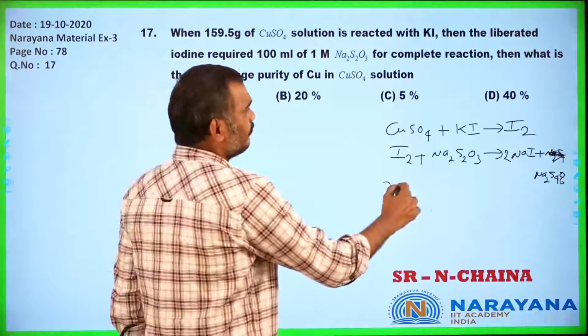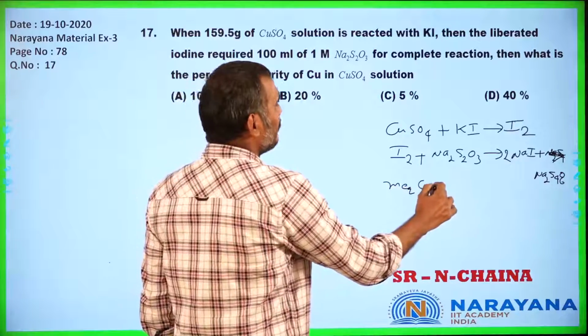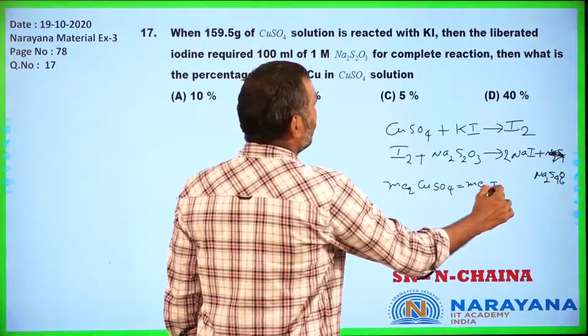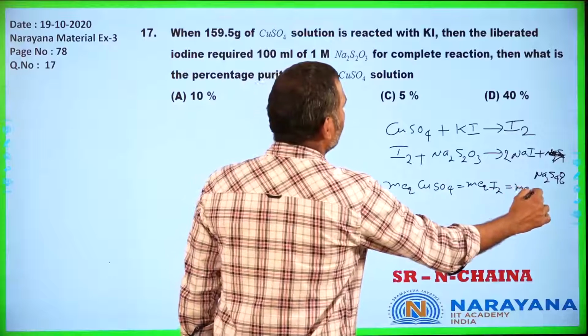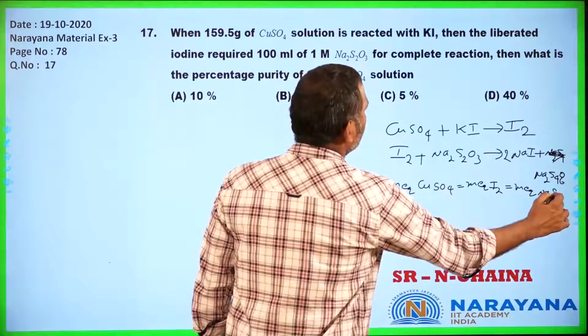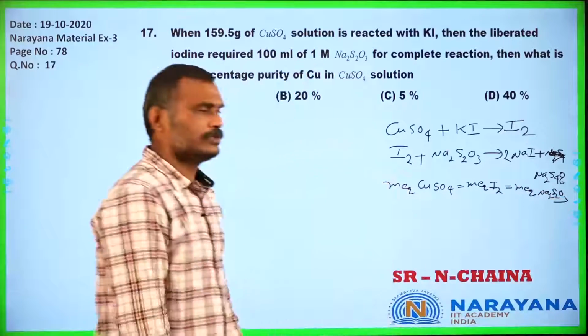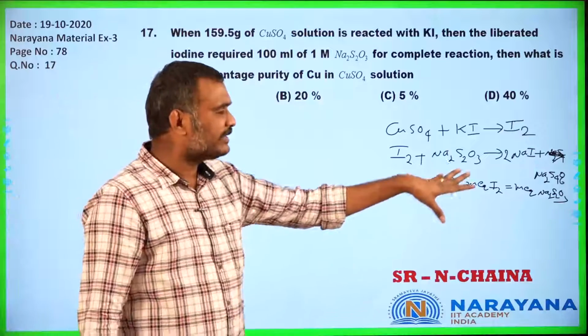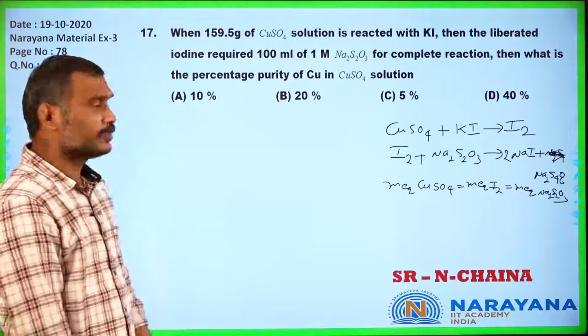So milli equivalence of copper sulfate is equal to milli equivalence of iodine, which is equal to milli equivalence of Na2S2O3 hypo solution. So simply, milli equivalence of copper sulfate is equal to milli equivalence of Na2S2O3.